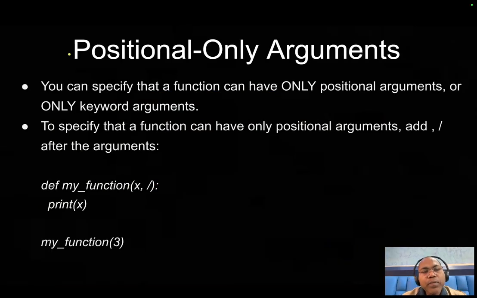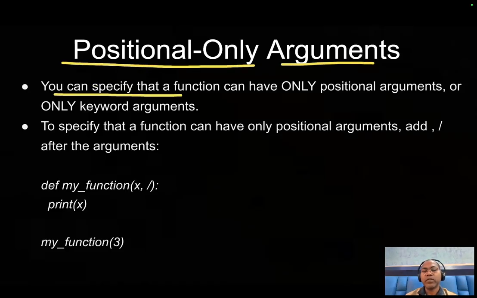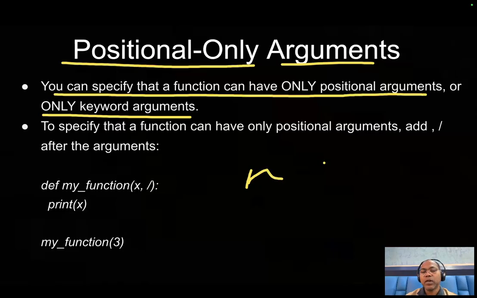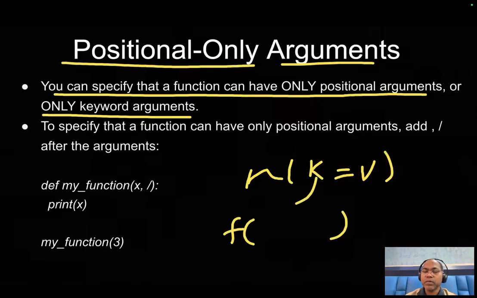This is the concept of positional-only arguments. This means you can specify that a function can have only positional arguments or only keyword arguments. We have the concept that you can pass any function key equal to value. So you have to tell the function, hey, anyone going to call my function must pass this key and value, or they only pass the value.